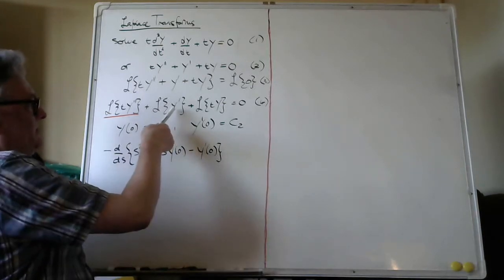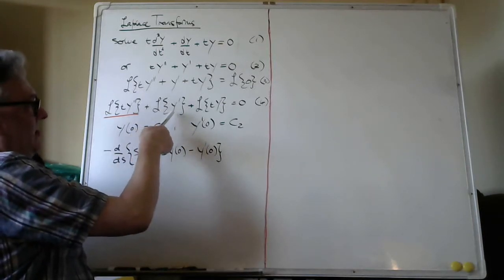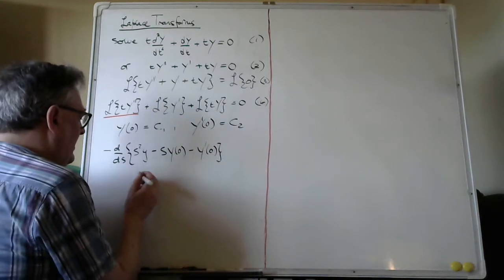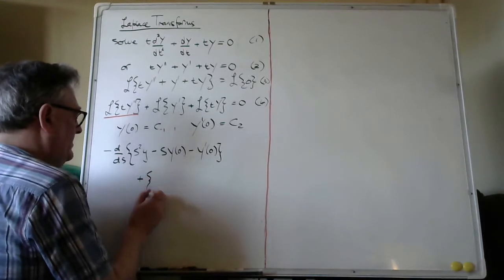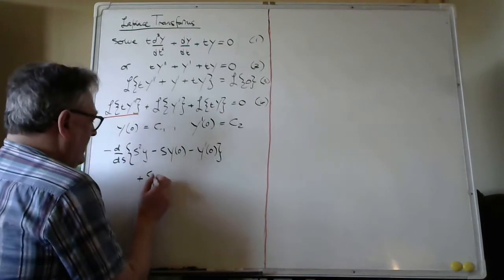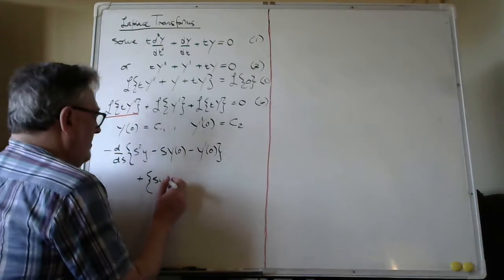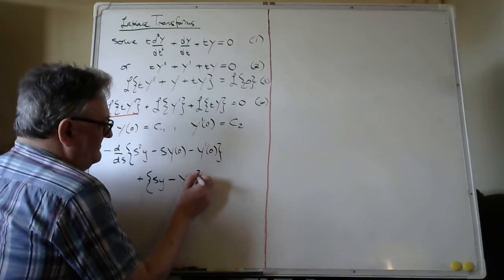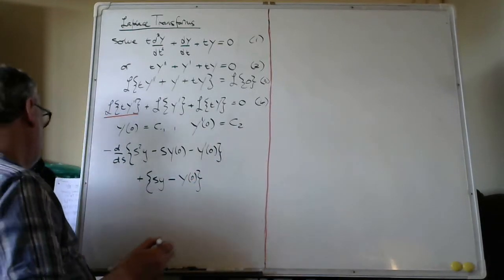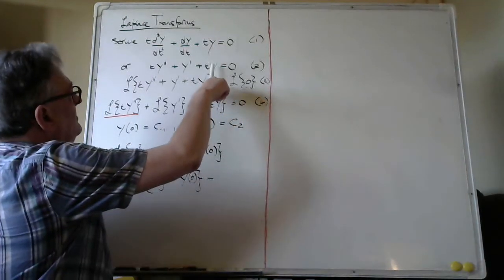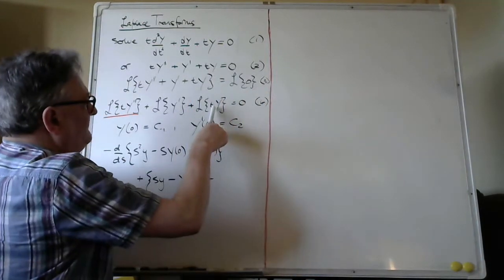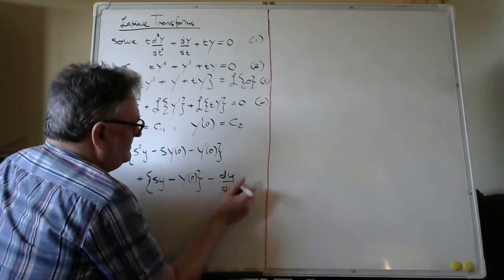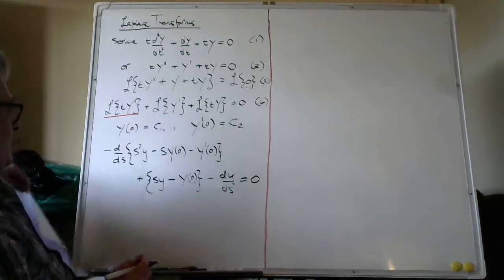And then we've got the Laplace transform of y prime, which is plus s y minus capital Y of 0, minus the Laplace transform of this, which is just dy by ds, and that's equal to 0.